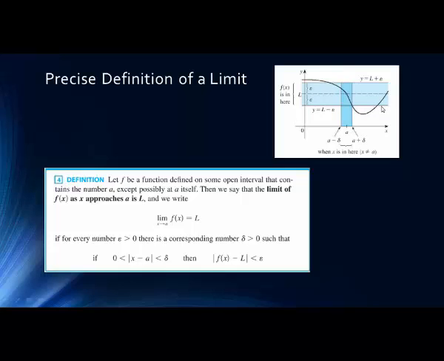We're trying to get more precise than just saying as x goes to a. When we say the limit as x approaches a, let's say we're looking at the limit as x approaches 4. If we're coming from 0, we could say x is 3 because we're getting closer to 4. So this is saying how close we want to be to a in order to calculate this.